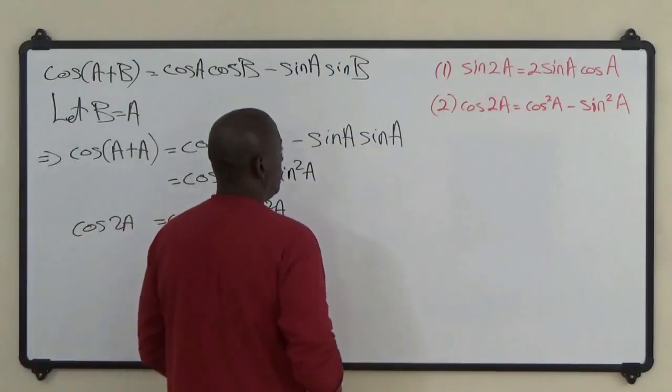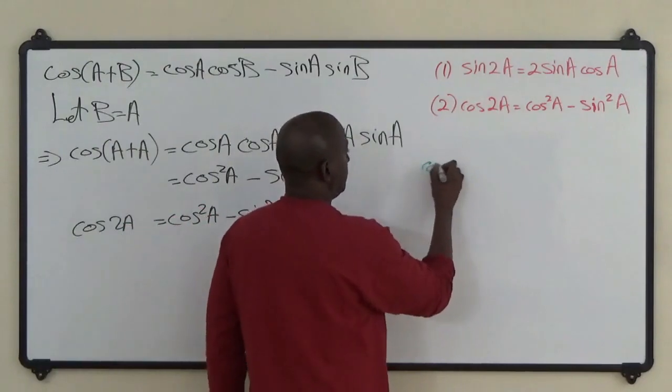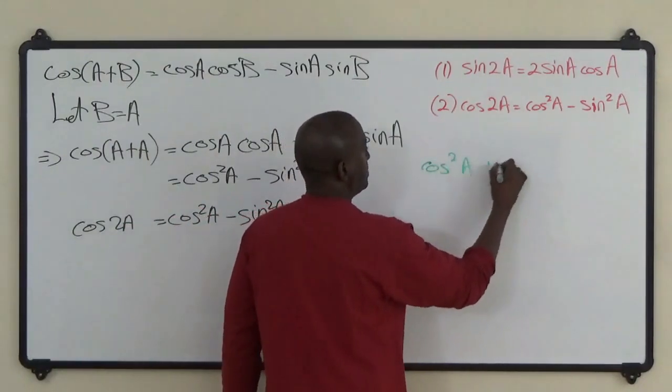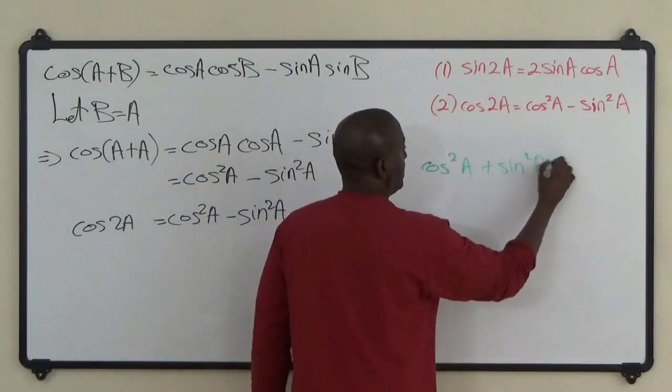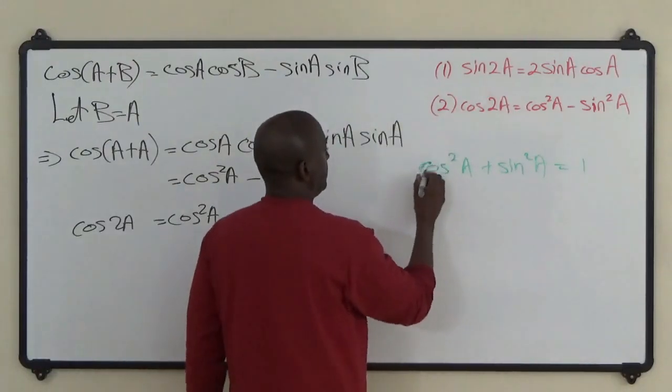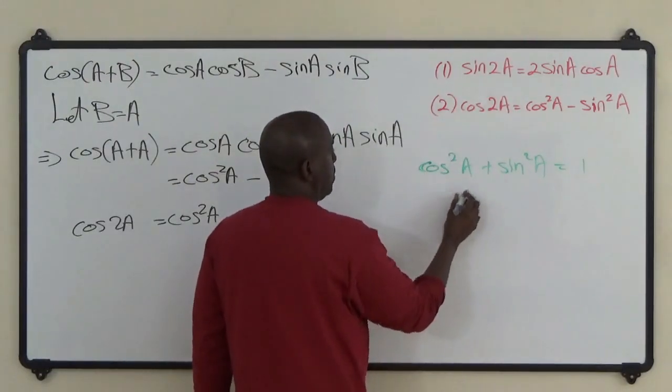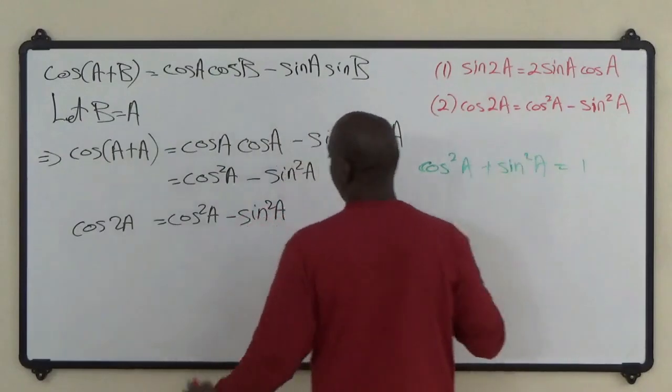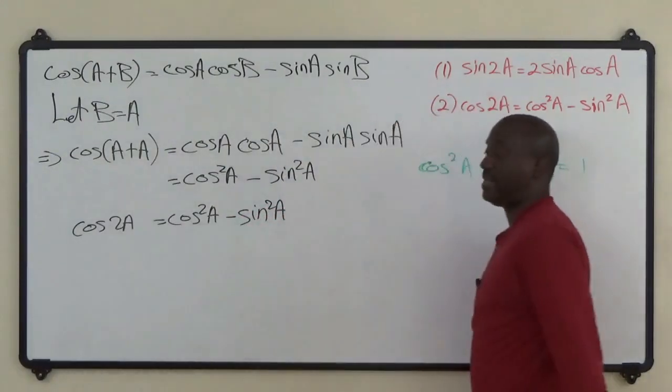We know that cos squared A plus sine squared A is equal to 1. Right? Now, we have cos squared A minus sine squared A here.